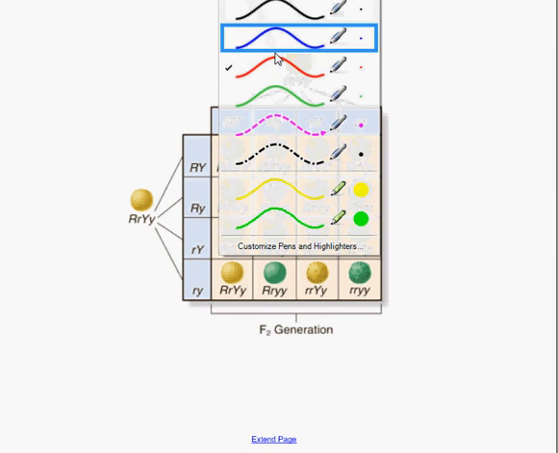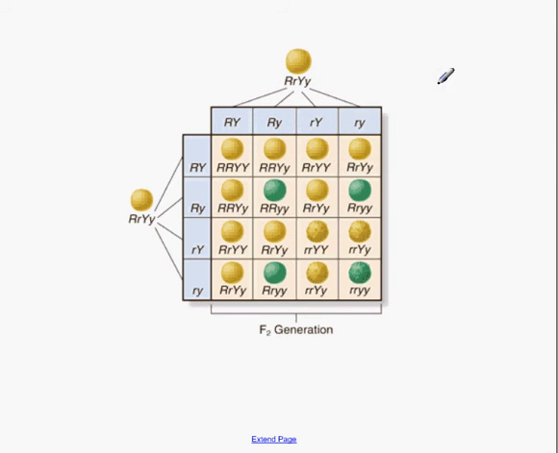Okay. Now here's the interesting thing. Who shows up for what phenotype? Now what are the phenotypes? They could show the dominant R and the dominant Y. Who are they? Well, all of these, right? All 4 of those. That's dominant, yeah.